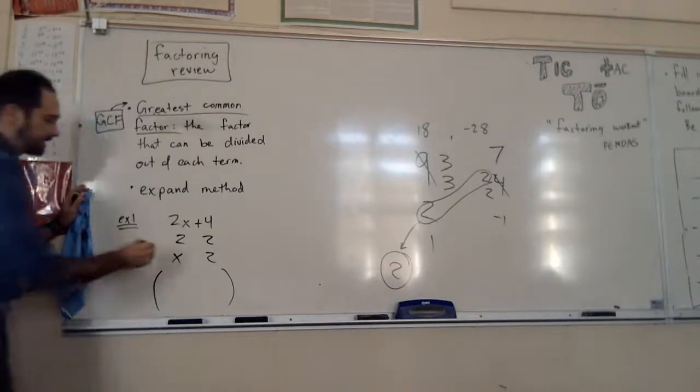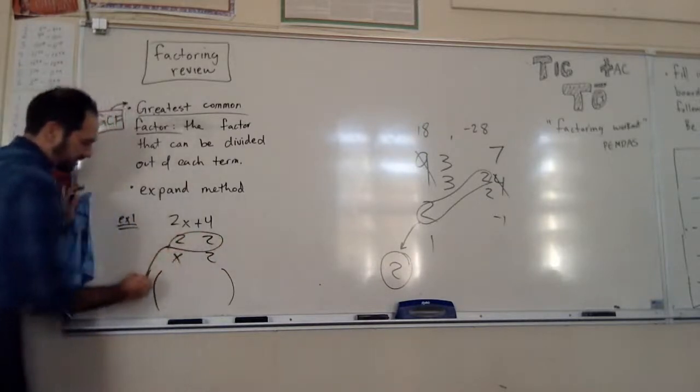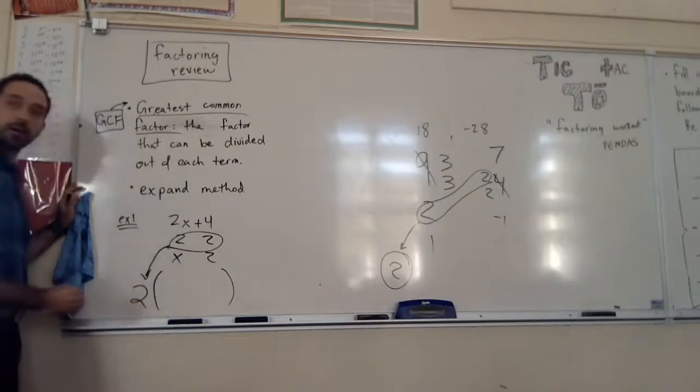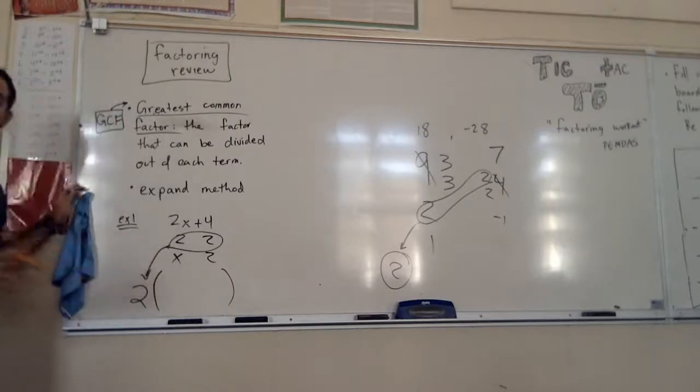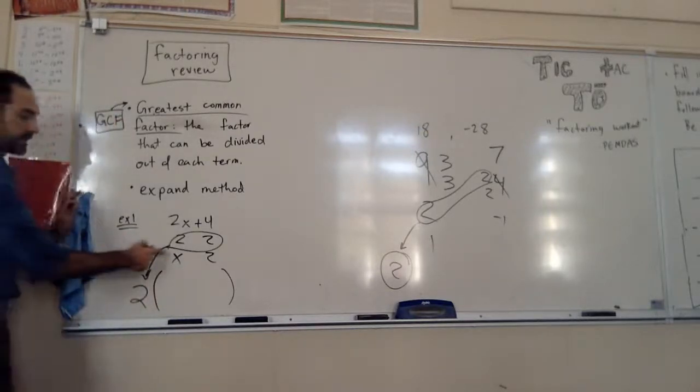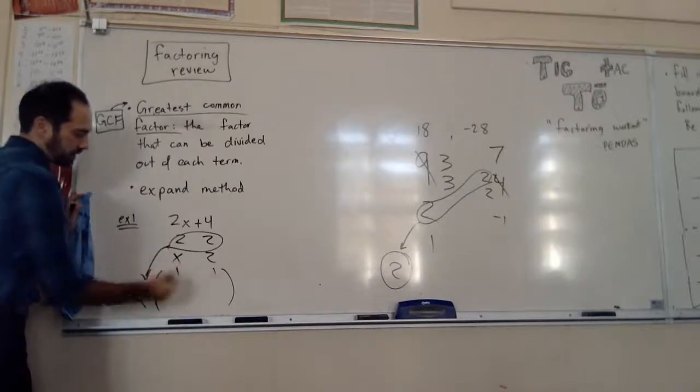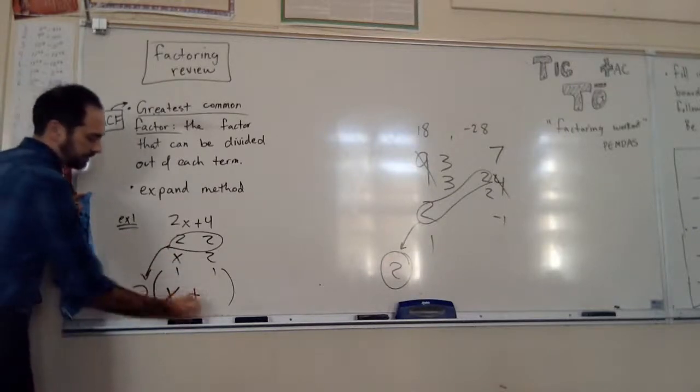What's in common is a 2, so that's going to go outside. What's left over in the column is what's left over down here. Everything is multiplying or dividing, so we're not adding. What's left over in this column? x. What's left over in this column? Positive 2. Done.